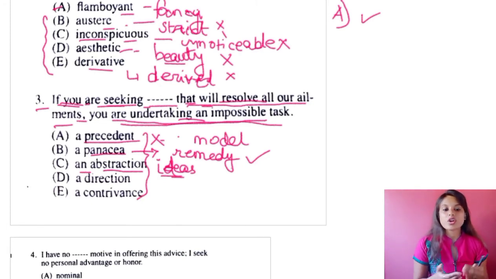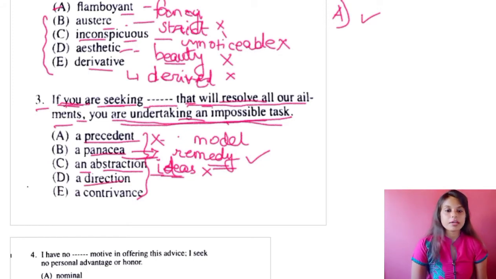So it's not an impossible task to talk about an idea, to find an idea. So they are obviously talking about something, or you can say a remedy or some solution, finding which is an impossible task. About remedy or solution we have already found out in the second option. So this one is not going, number C. But let us check the other options also.